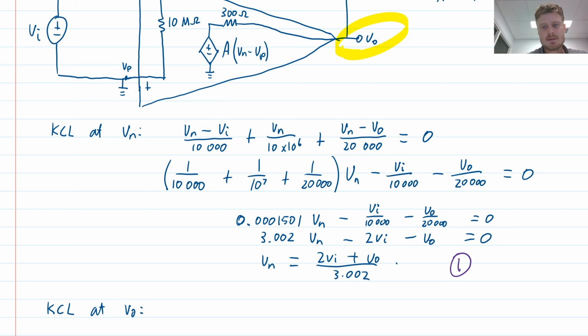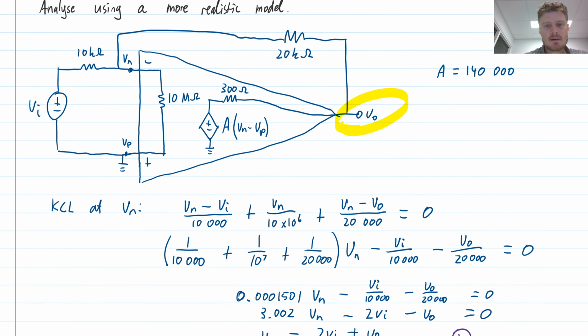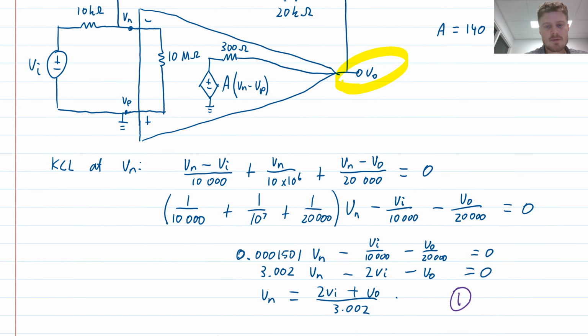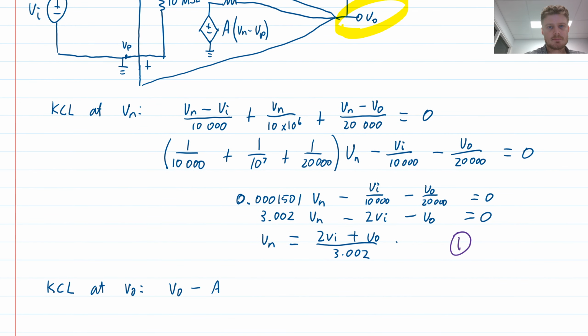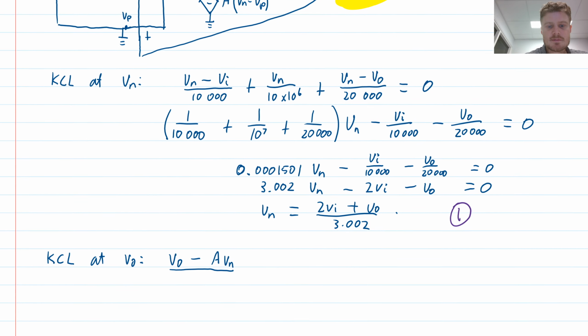So the current leaving to the left is V0 minus the source. The source is going to be A times Vn minus Vp. Well, Vp is 0, so I will just write Vn. And that is divided by the output resistance, which was 300 ohms.